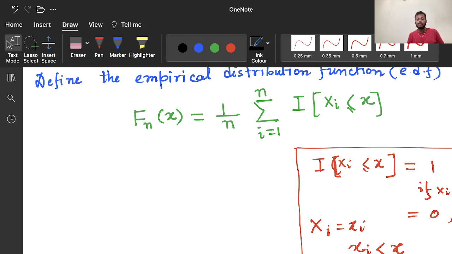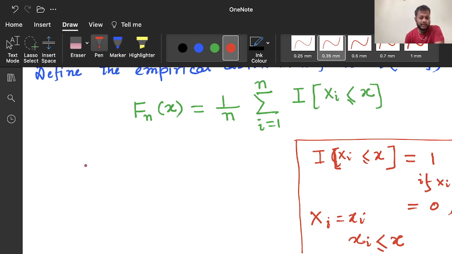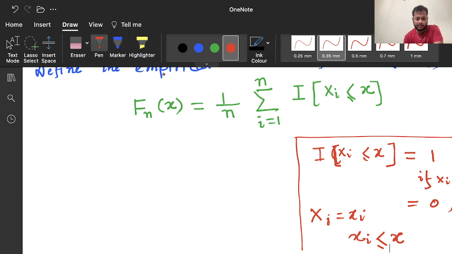Then your observation is under your preset value, so this indicator becomes 1, and you sum over all observations lesser than the preset value x, and that is the empirical distribution function. What does this estimate?